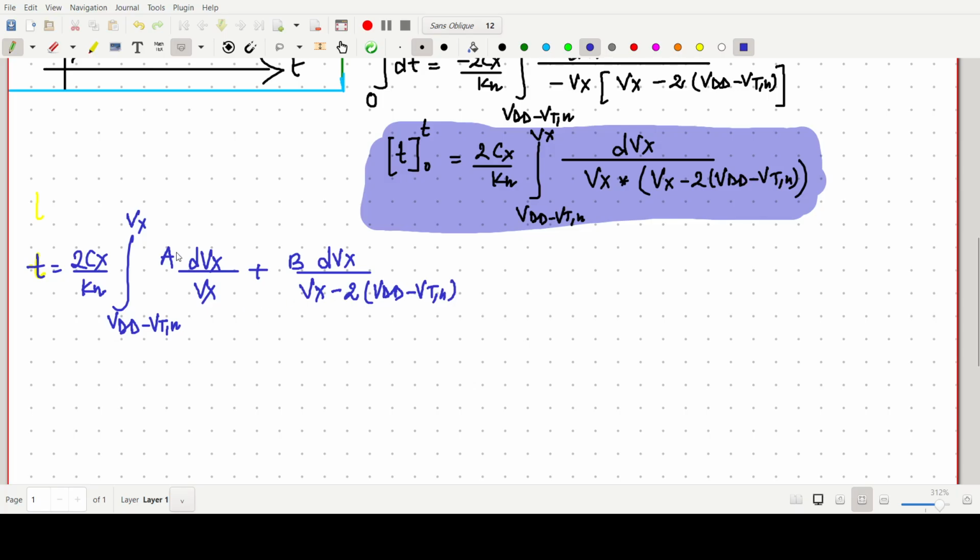I will solve this step by step. Basically, we have just written it in partial fraction form.